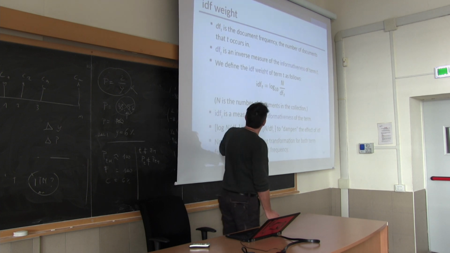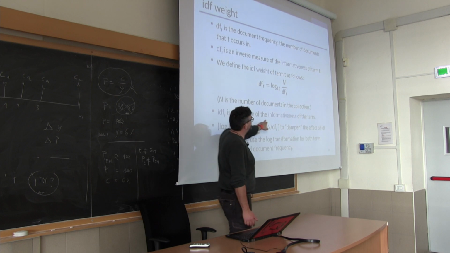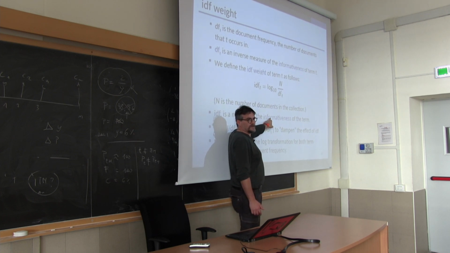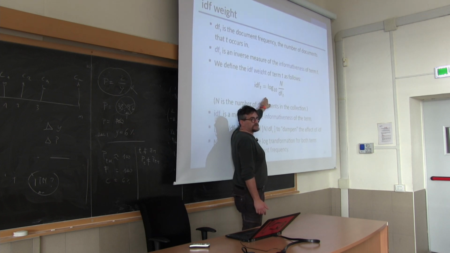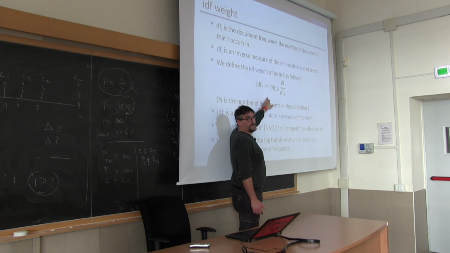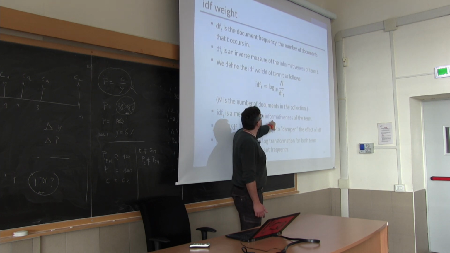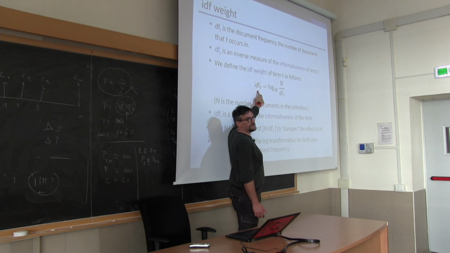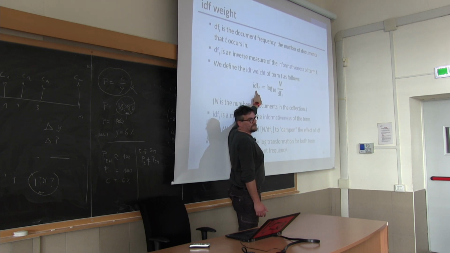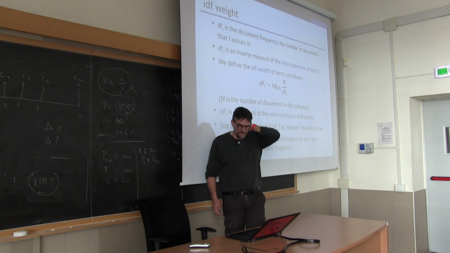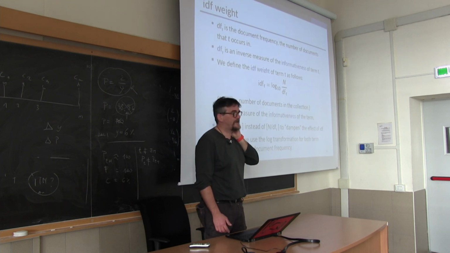Since we want a measure of informativeness, it's inversely proportional to the frequency, that is the rarity. The more rare a term is, the bigger its informativeness, and thus the bigger the IDF.